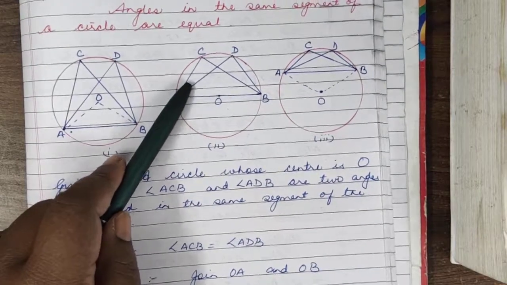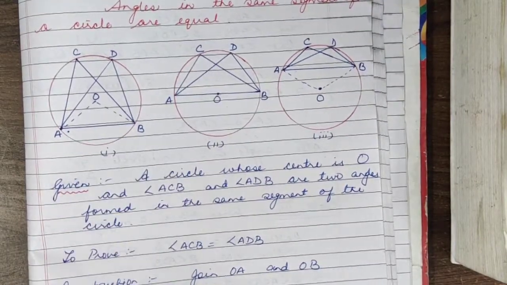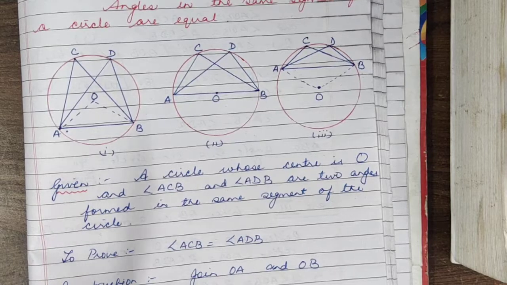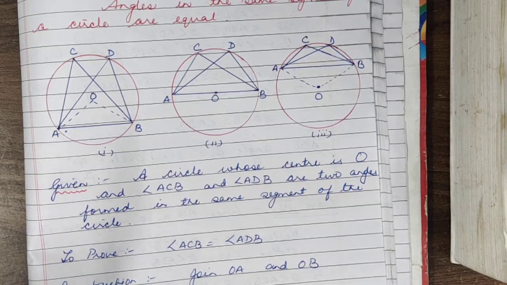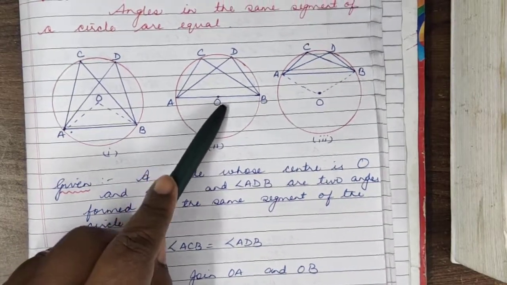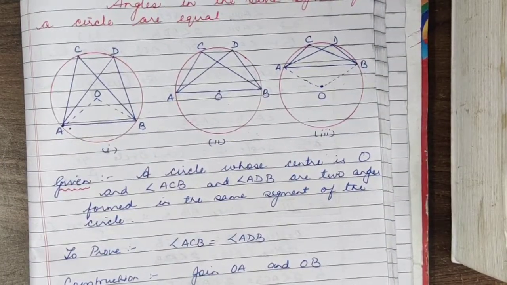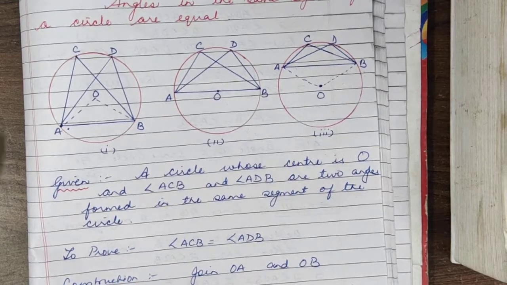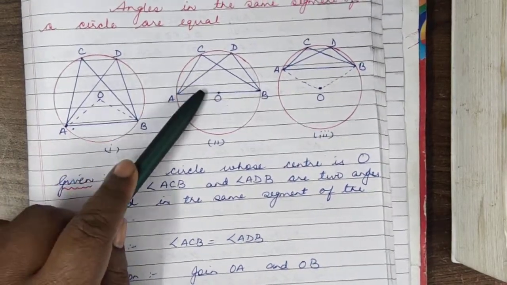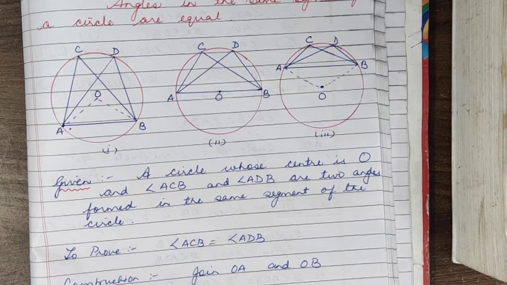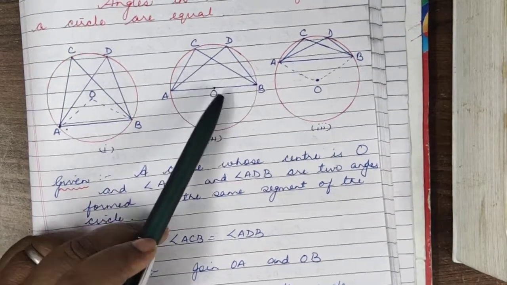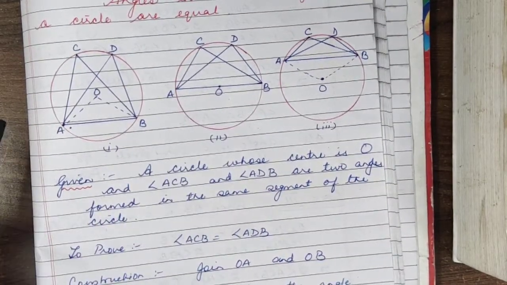That twice angle ACB will be equal to twice angle ADB because angle AOB is equal in both the cases. But what do you find here? That angle AOB will be equal to 180 degrees. Why? Because it is a straight line. So twice angle ACB equals twice angle ADB equals 180 degrees, or angle ACB equals angle ADB equals 90 degrees.